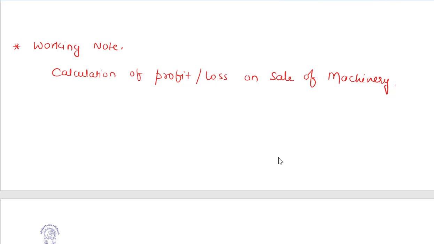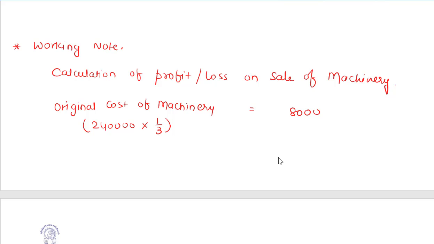My dear students, just try and understand. Write on your calculator 2,40,000 divided by 3, that is multiplied by 1 by 3, equals 80,000. This is the original cost of the machinery that we have sold. So write over here original cost of machinery is 2,40,000 multiplied by 1 by 3.